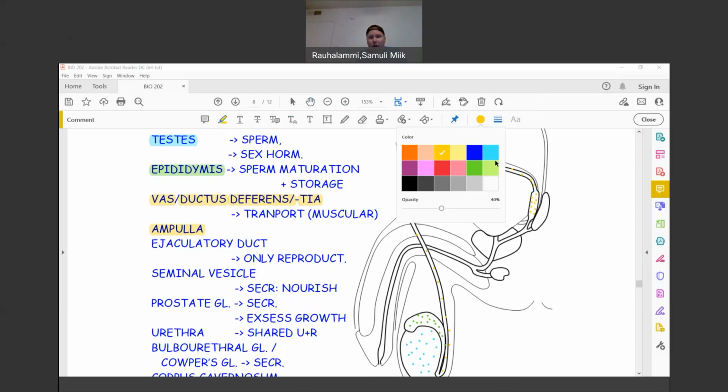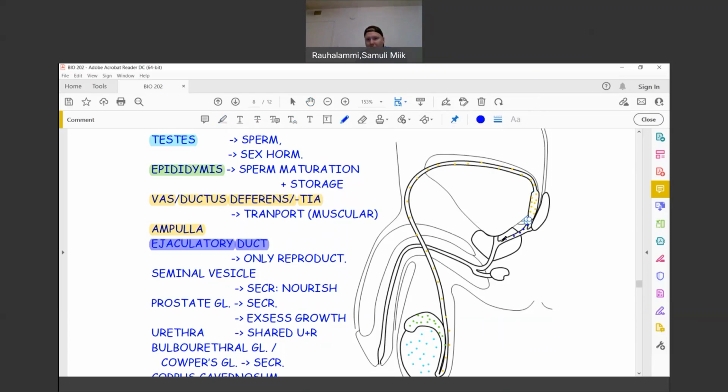What happens for the tubing that goes on? Let's have a look at that together. The ejaculatory duct is the part of this duct system that's only for the male reproductive system. It's going to start right after the ampulla and continue to the prostate.